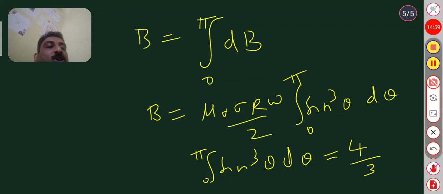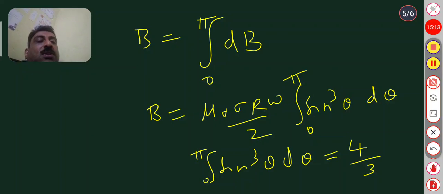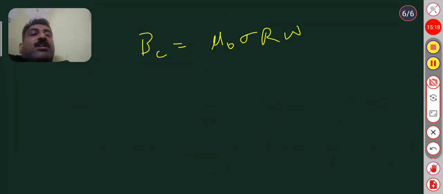So the magnetic field at the center will be equal to mu naught sigma r omega into 1 by 2 and 4 by 3. When you solve it, finally you will get 2 by 3 mu naught sigma r omega. What is the value of mu naught?